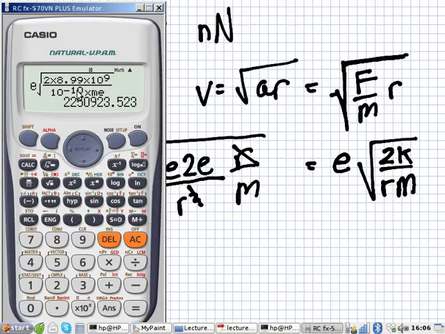I have a feeling it's with your 10 to the minus 10. I'm willing to bet that maybe somewhere in your type-in you typed in 10 to the 10 instead of 10 to the minus 10. That would be my best guess of what went wrong. No, minus 10.